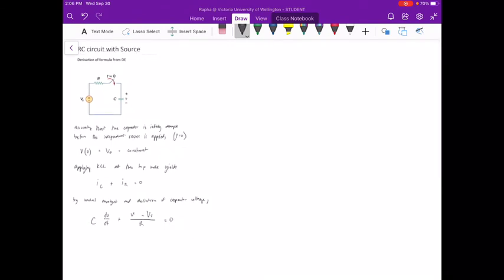Then we just have to rearrange the terms. So this is the indication that we've achieved the first order differential equation.